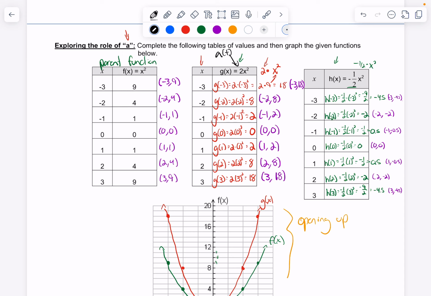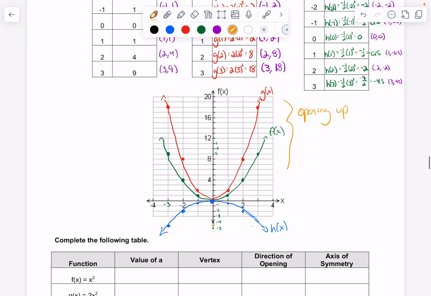On the parent function, this is f of x equals x squared, but it's really 1x squared, where the a is also positive. So they open up. But if we look over here at h of x, here, the a is negative 1/2, or it's a negative number. And notice how that causes the graph to open up the other direction.